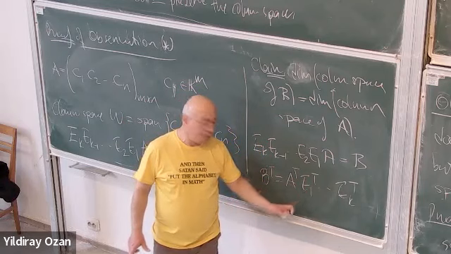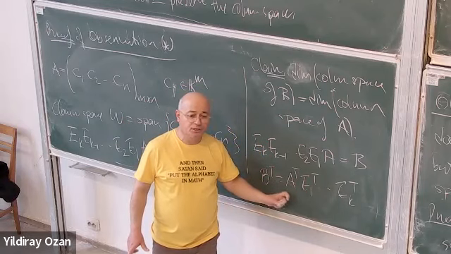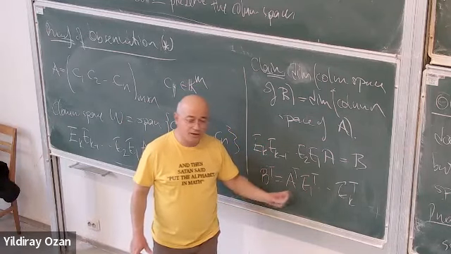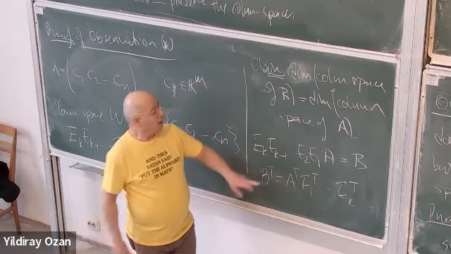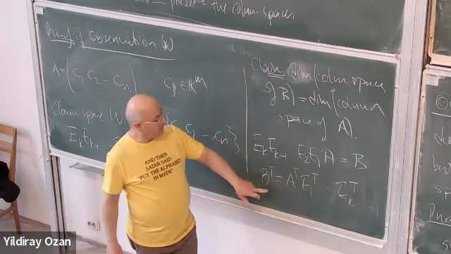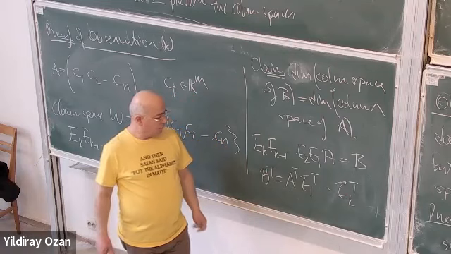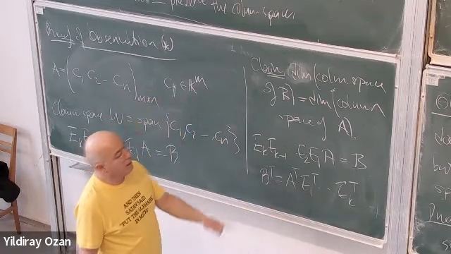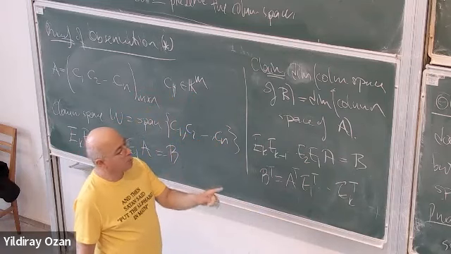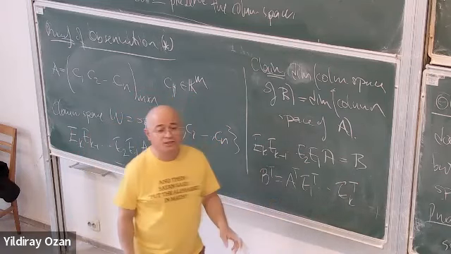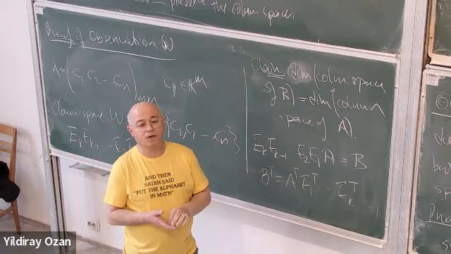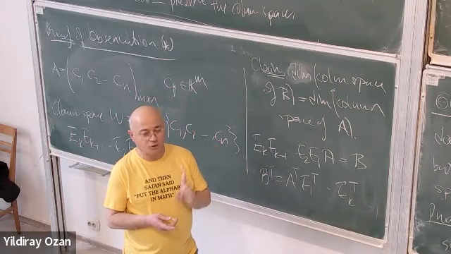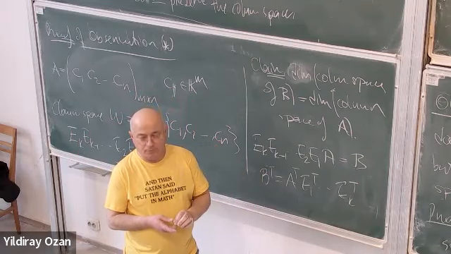So what you are doing, you are applying column operations to this matrix, and what we see is that applying column operations doesn't change the dimension of the column space, right?